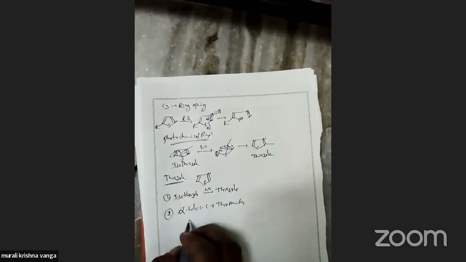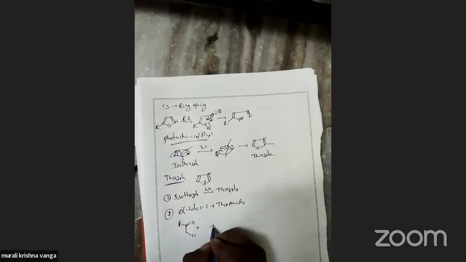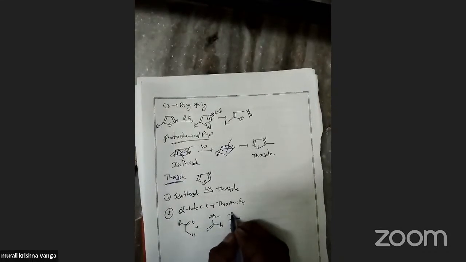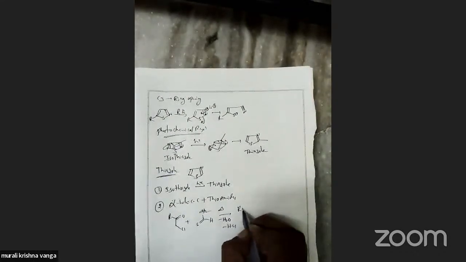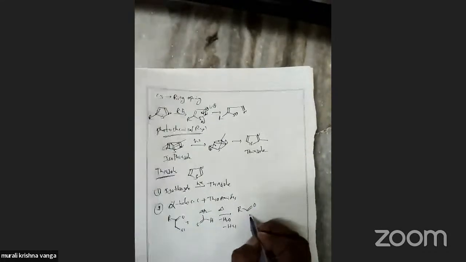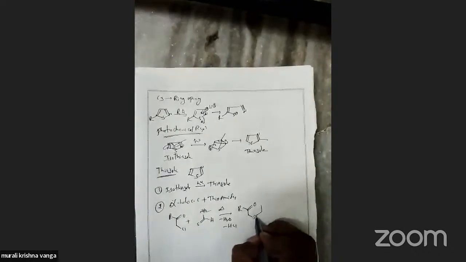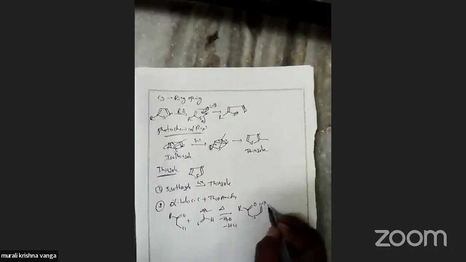Alpha halocarbonyl compounds with thioamidine, under heating, involve loss of HCl. The product has C double bond O, S, NH.